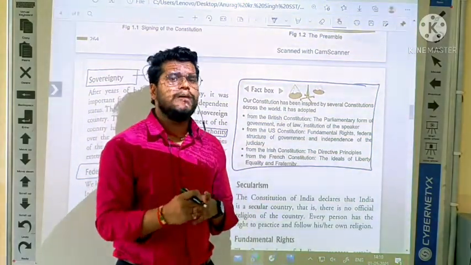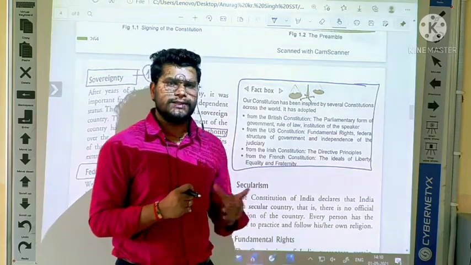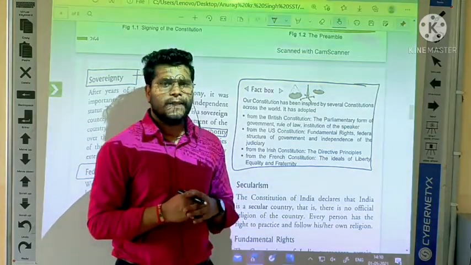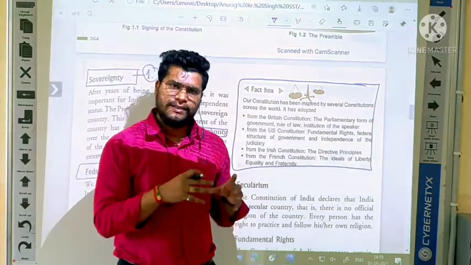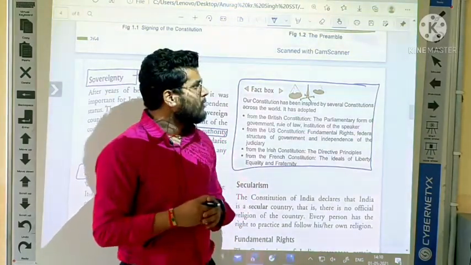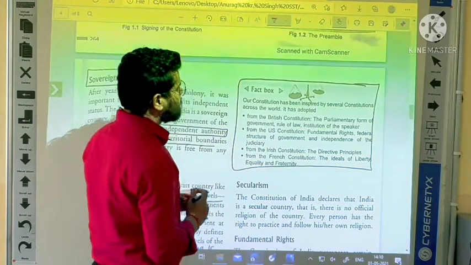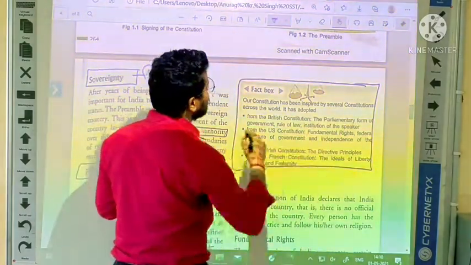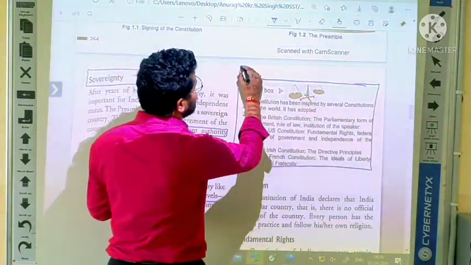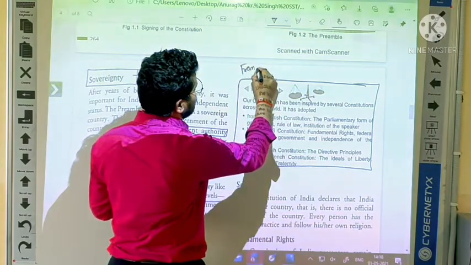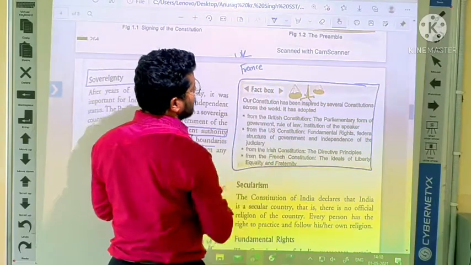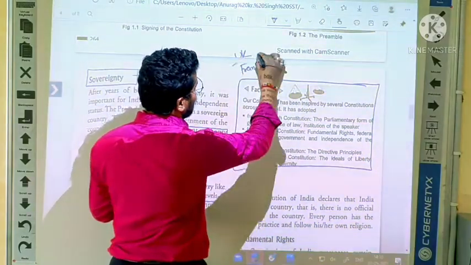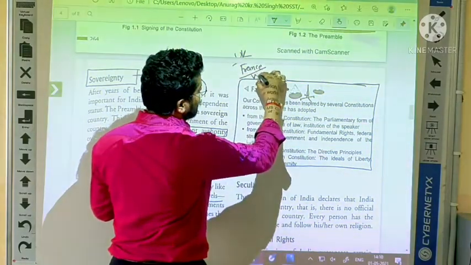Giving some examples of the countries from which our constitution makers took some laws: for example, from Europe, France, UK, Weimar Republic.